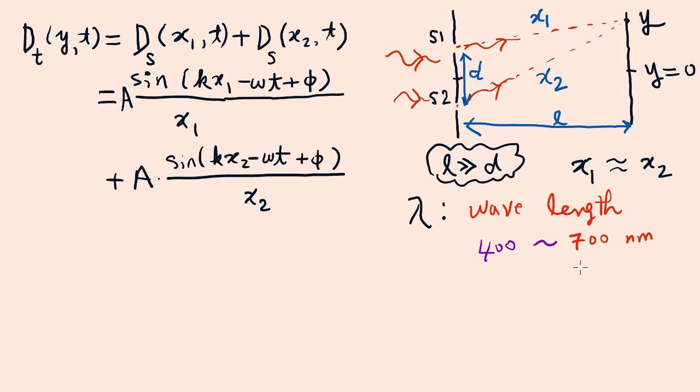So if you think about it, well, 100 nanometers is just a 10 to the negative 7 fraction, really minute fraction of 1 meter. So here's the deal.